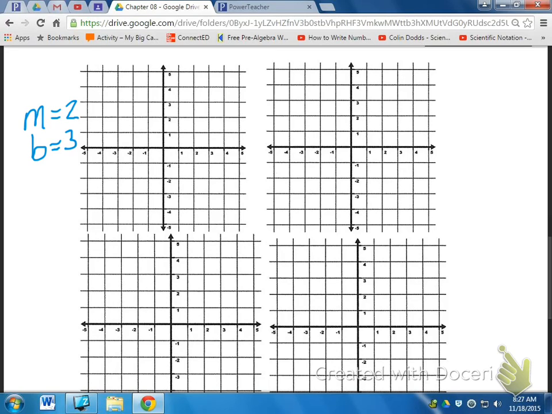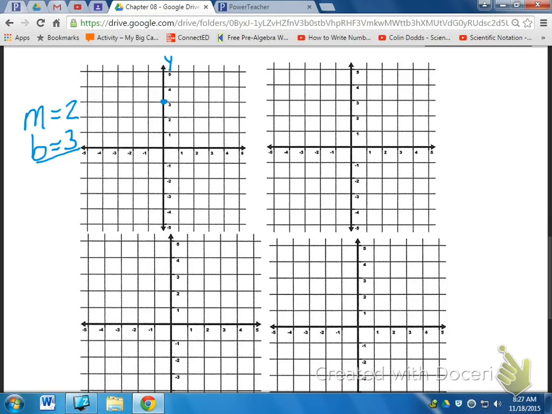So here's how you do this. You always start with the y-intercept. That is telling you specifically what point on the y-axis it's crossing. Remember, the y-axis is your vertical one, so here it is. And since it says b equals 3, I go on 3 and put my first point.